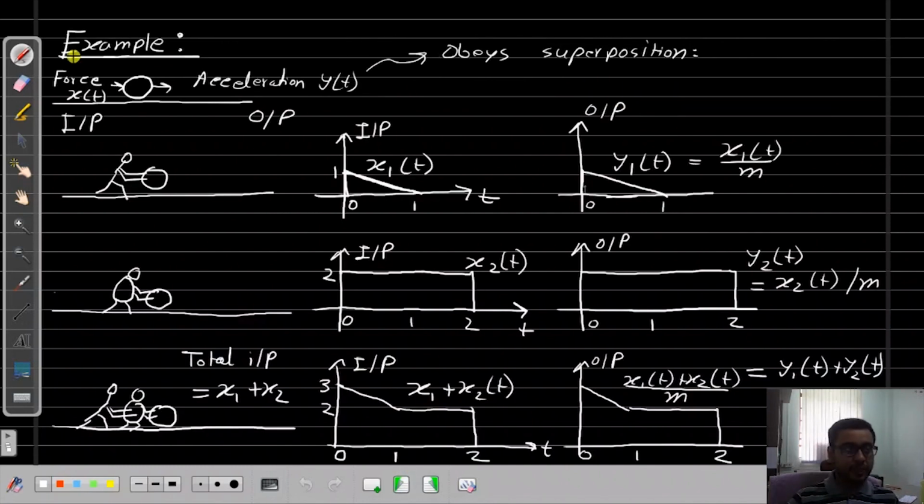So in the previous example, this is both homogeneous and obeys the superposition principle.